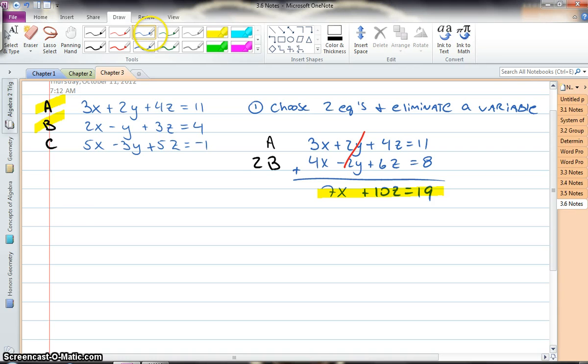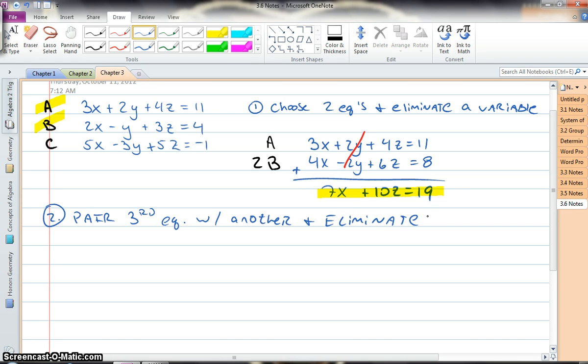Now, our second step is we need to take our third equation, equation C, and pair it with another one and eliminate again.